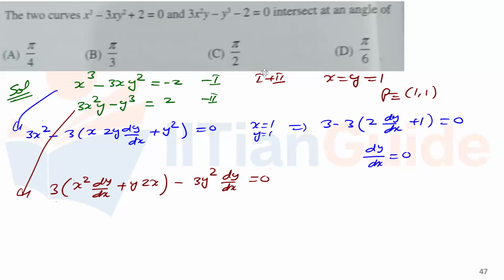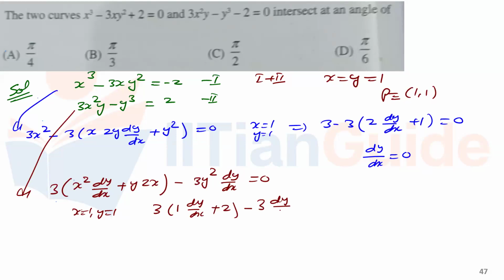Okay. In this equation, I'm going to put x to be 1, y to be 1. So I'm getting 3 x और y 1 लिखेंगे तो 1 dy by dx आ जाएगा plus 2 minus 3 into dy by dx.